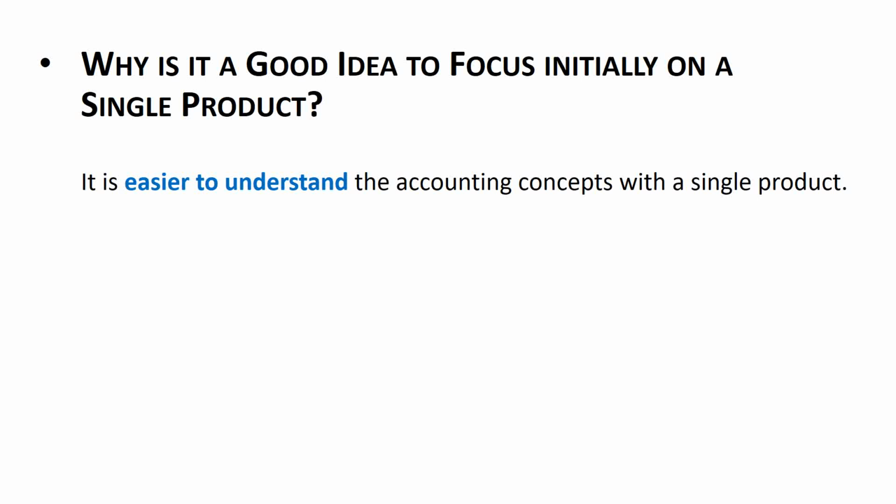It's like the foundation of a building. When the foundation is strong, you can always build more floors on it. Similarly, when you grasp the fundamentals of the accounting principles behind estimating revenues, then later it's easier to understand how to estimate revenues for the second product and third product. So that's why we focus initially on a single product.